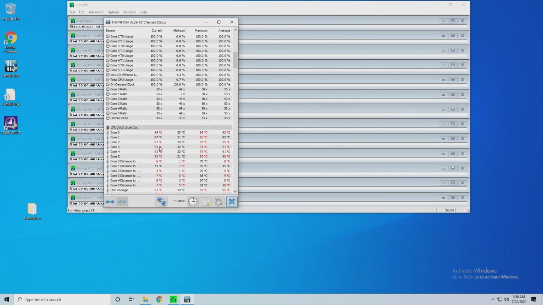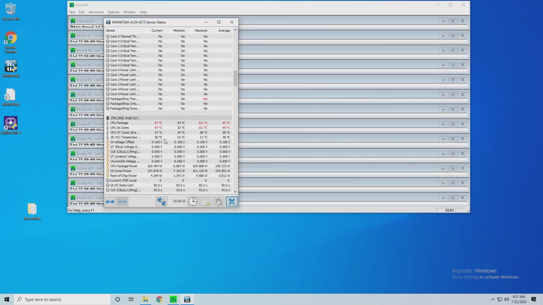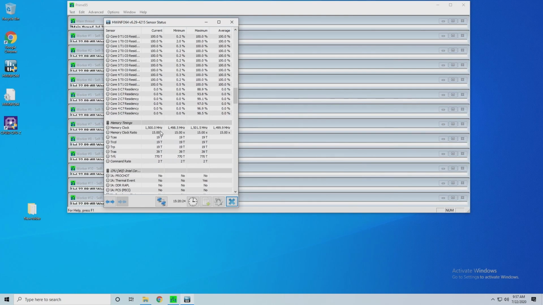We don't really have any thermal headroom to push the voltage any higher, so it doesn't look like we're going to get 5.1. We're at 5.0. Pay attention to the average numbers here. That's on average what we've been running. For some reason, Core 1 is running much cooler than the others. Not really sure why that is.